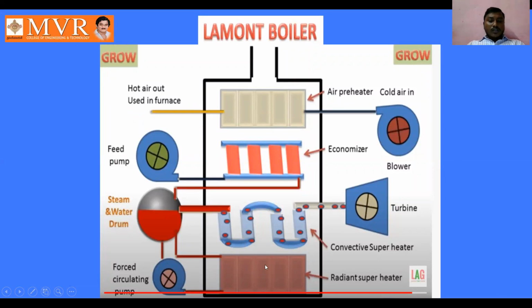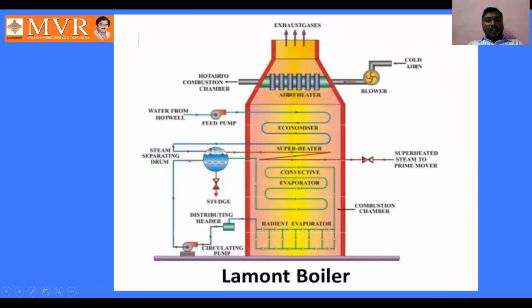Here the water is converted into vapor, and the vapor enters again into the steam and water drum, and from the steam and water drum it enters into the convective superheater for converting the steam into fully vaporized form, and it enters into the turbine for power generation. This is the Lamont boiler working principle, which we have studied one by one, step by step.